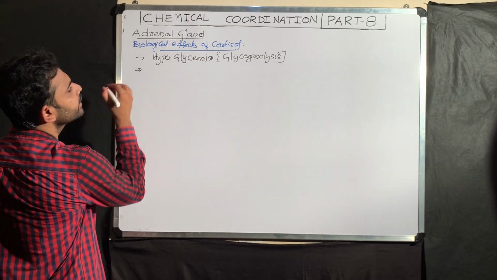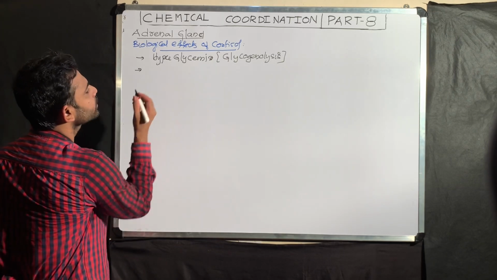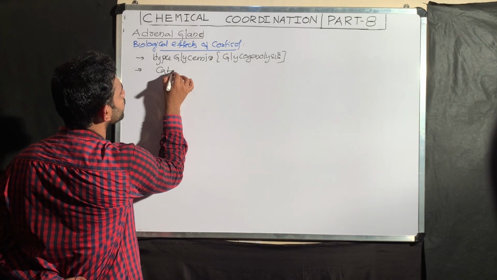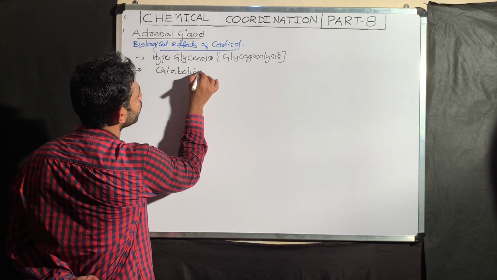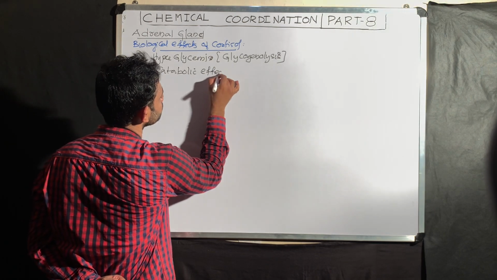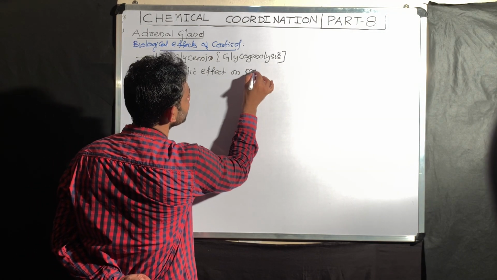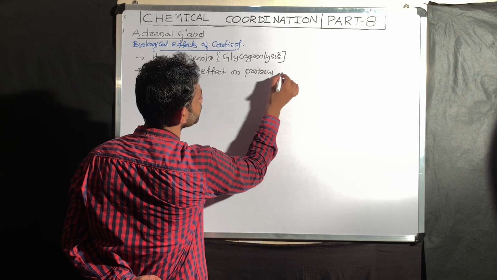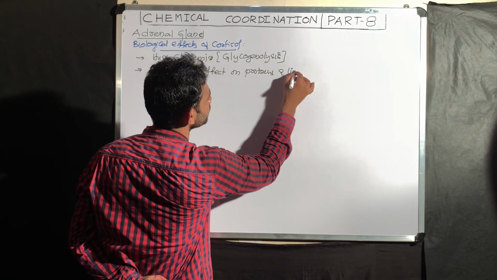The next point is that cortisol shows catabolic effects on proteins and lipids. This means cortisol enhances the breakdown of proteins and lipids.